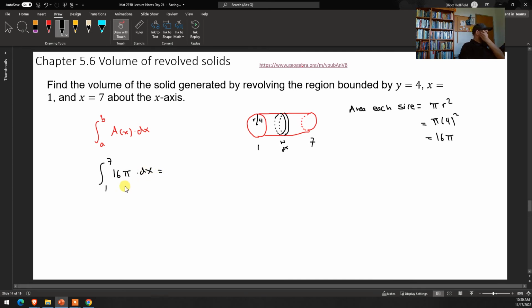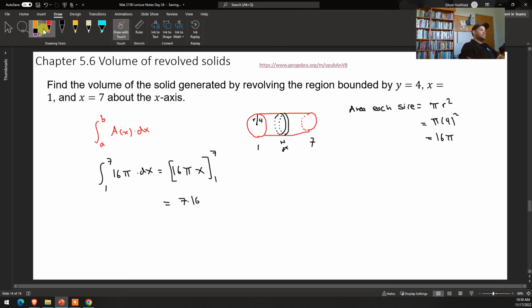Now we can integrate. This is just a constant, so we get 16 pi times x, evaluated between 1 and 7. That gives us 7 times 16 pi.